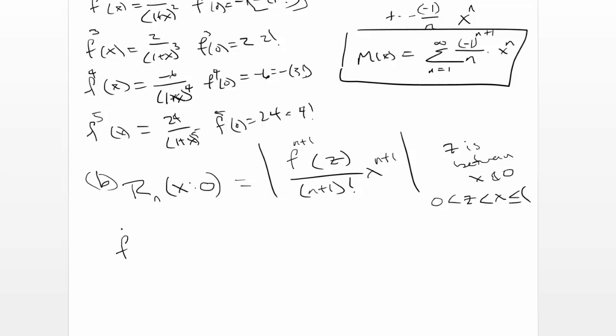So I think the n plus first derivative, when I plug in z, is going to be n factorial over 1 plus what I plugged in, z, to the n power. There is an alternation here, but since I'm going to be doing this in absolute value, I don't really care about that minus 1 to a power. So the absolute values will take care of that.